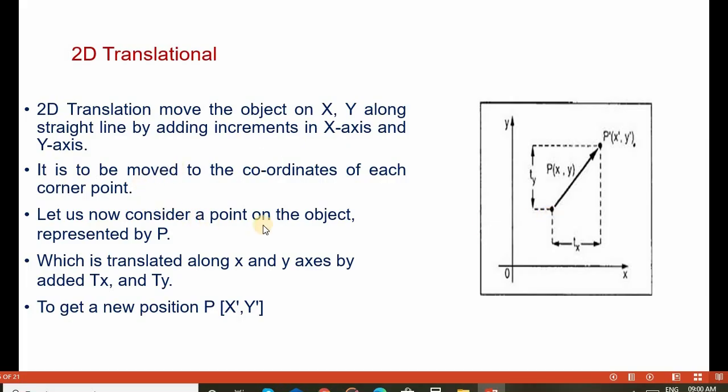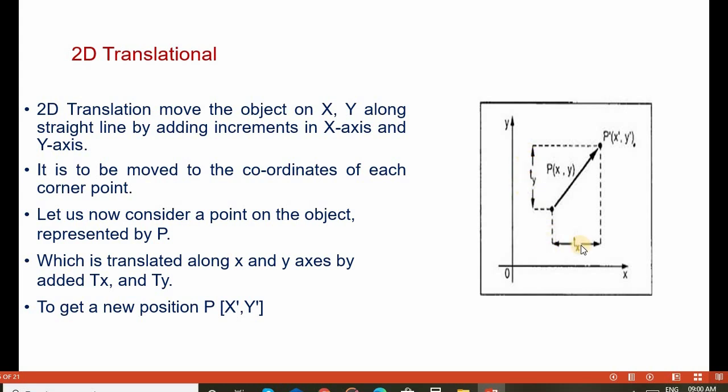Let us now consider a point on the object represented by P, having the coordinates x and y, which is translated along the x and y axes by adding the distances tx and ty.